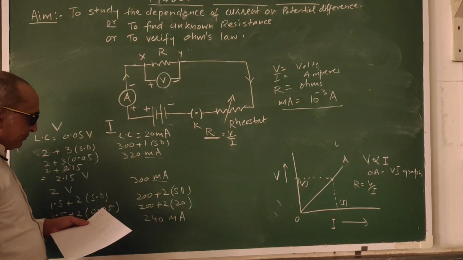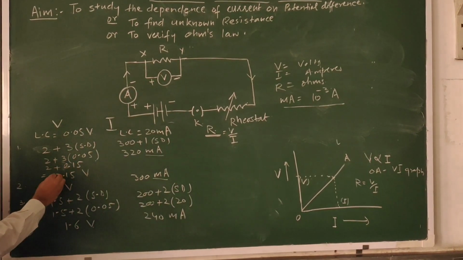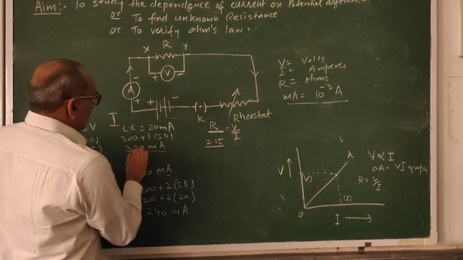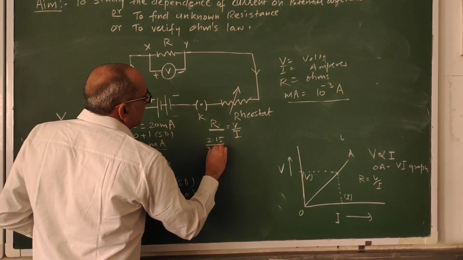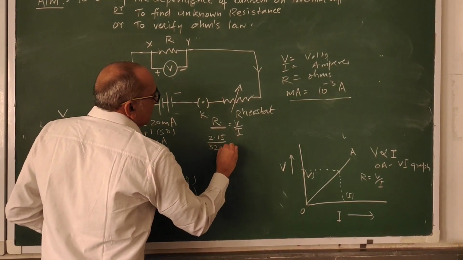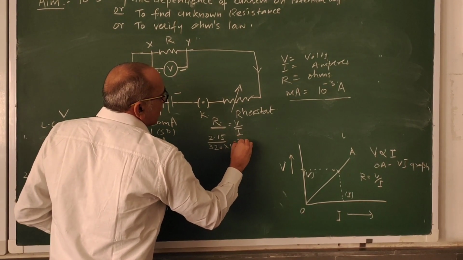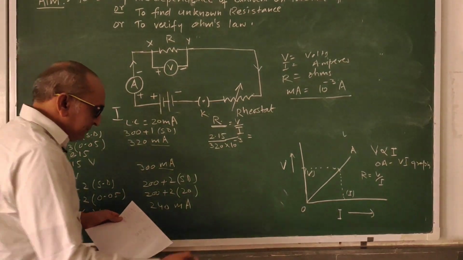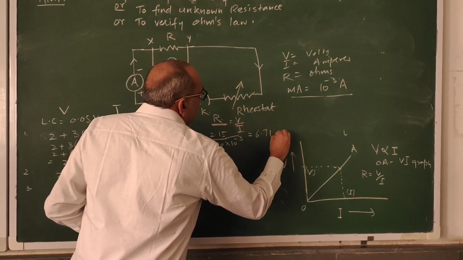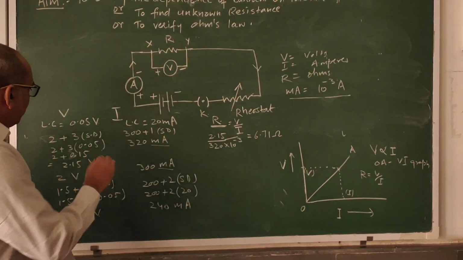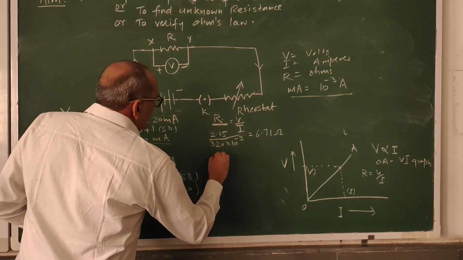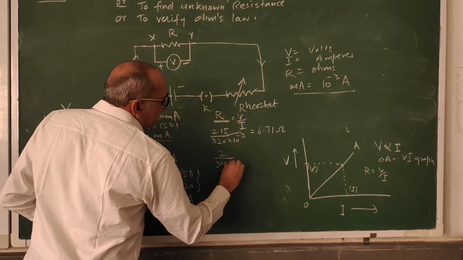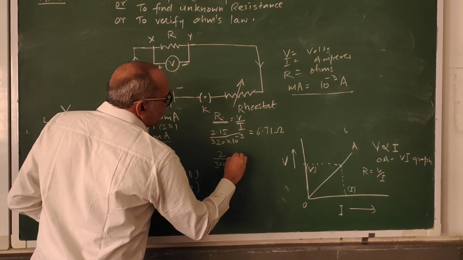So in the first, V is 2.15 volt, and this is 320 milliampere multiplied by 10 raised to power minus 3. After solving it, we get 6.71 ohm. For the second, 2 volt upon 300 milliampere times the 10 raised to power minus 3 conversion factor.